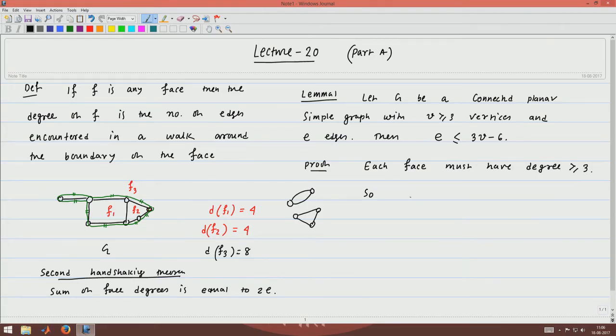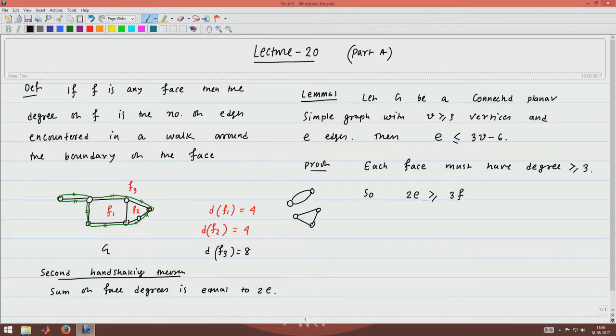So can we write that twice E, which is equal to the sum of face degrees, but I am replacing the face degree for every face by a smaller quantity, 3. So this quantity is greater than or equal to 3F, where F is the number of faces.